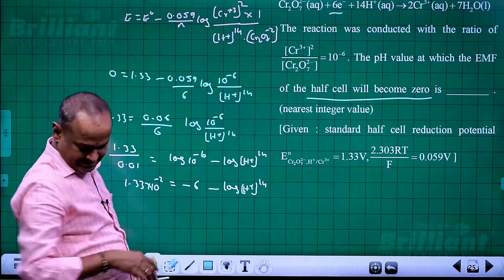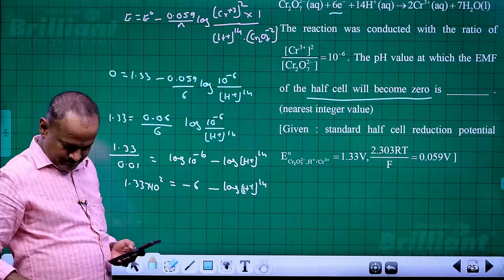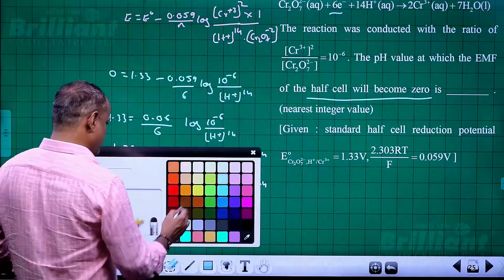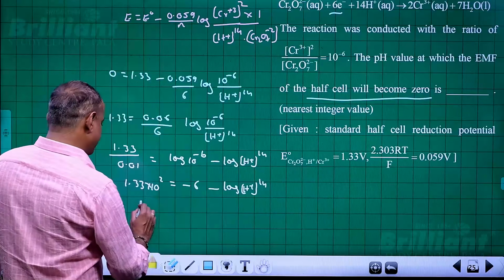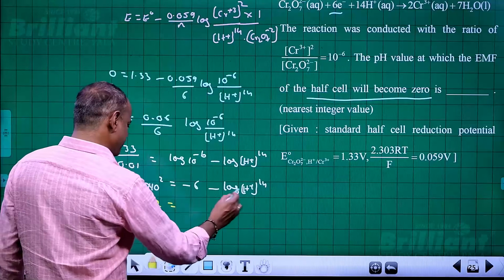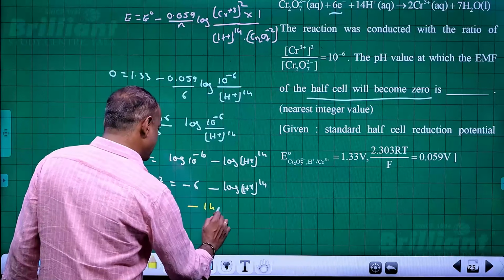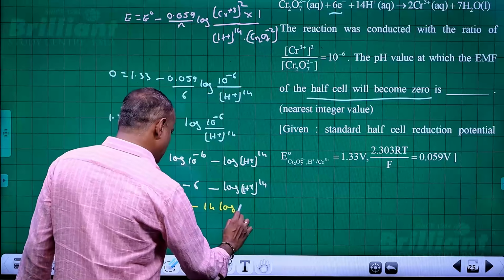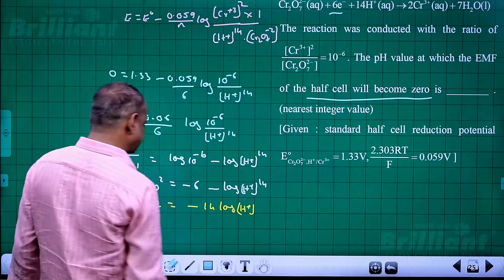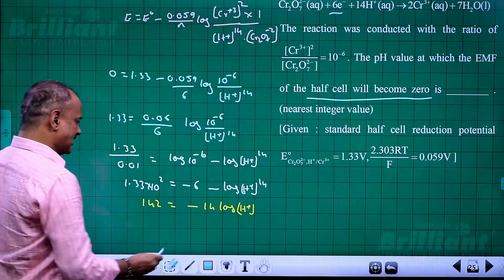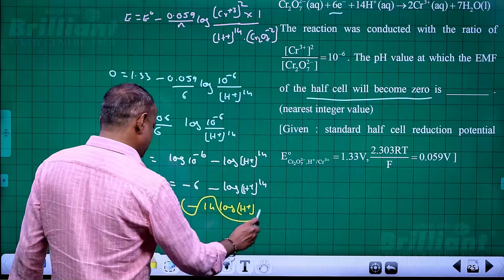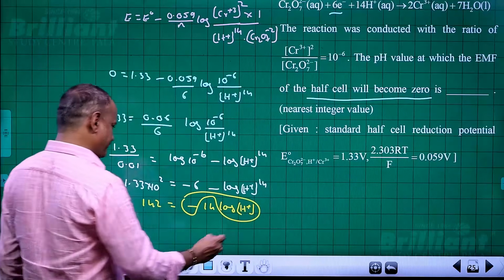So taking 6 to this side, 133 plus 6, 139 is equal to minus 14 log H plus ions. Minus log H plus is called pH.